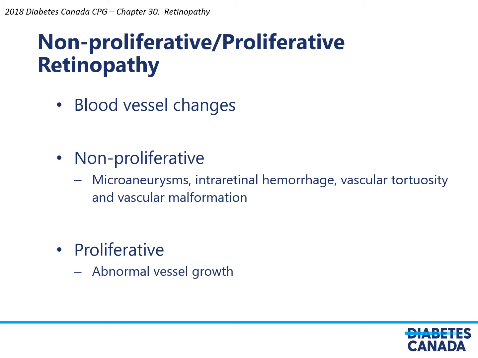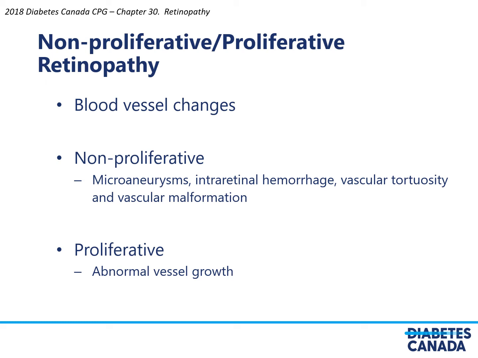The other form of diabetic retinopathy, and perhaps the one that is best known by people, is either non-proliferative or proliferative retinopathy, which represents microvascular changes in the retina. In the earlier stages, it is considered non-proliferative, and what is seen are microaneurysms, intraretinal hemorrhage, vascular tortuosity, and vascular malformation.